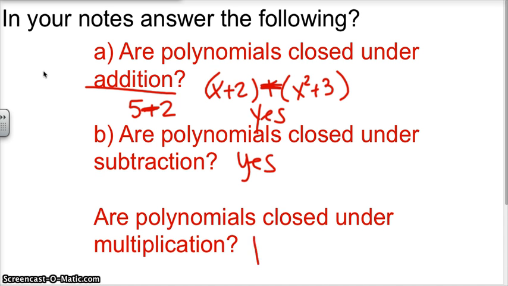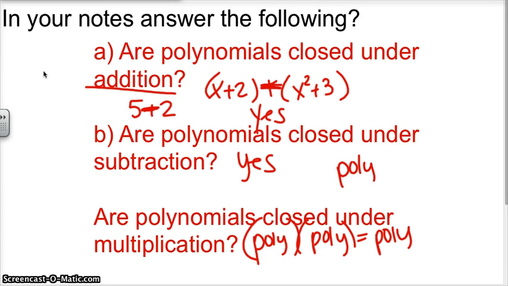If you were to take any polynomial and multiply it by any polynomial, would you end up with a polynomial? Well, think about the past couple of lessons. We've gotten really big answers and really small answers, but they always ended up being a polynomial. So, bottom line, these are closed under addition, multiplication, and subtraction.